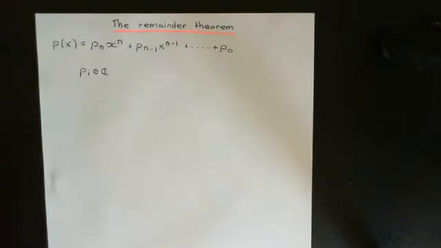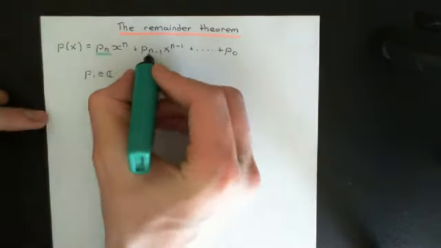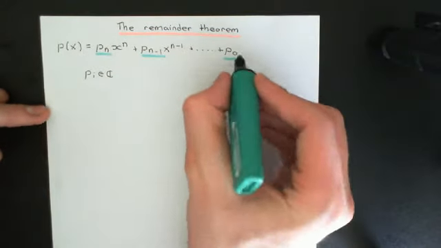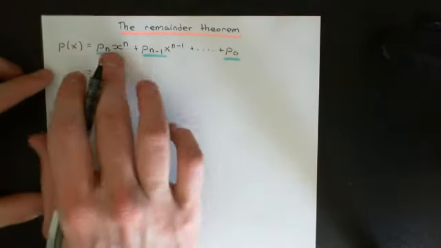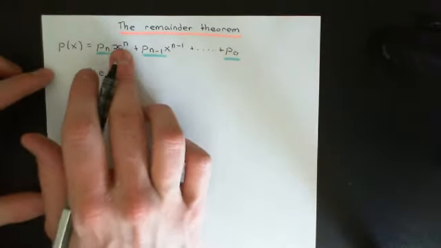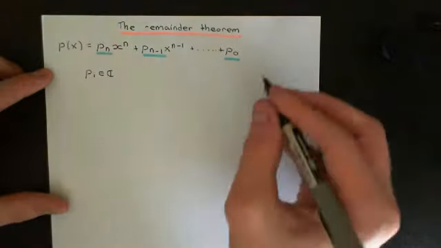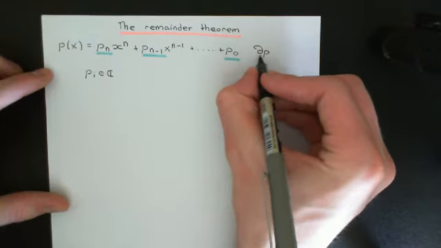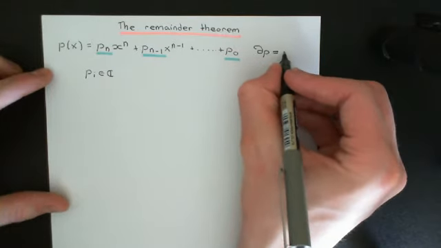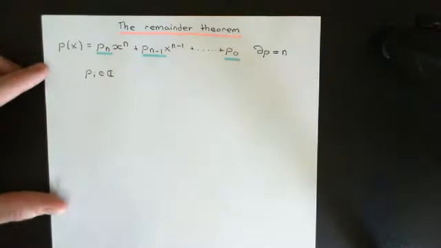The degree of this polynomial is little n, where n is some natural number, so that can be written del p, meaning the degree of p, is equal to n.